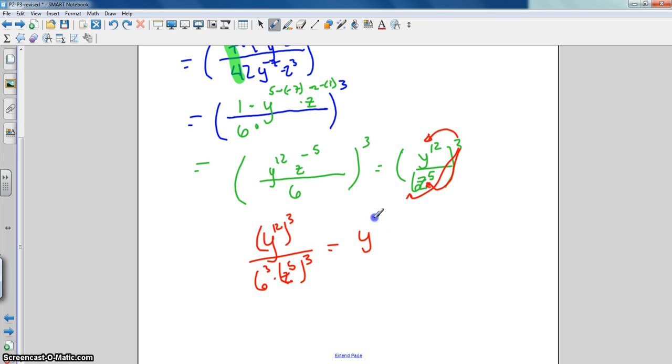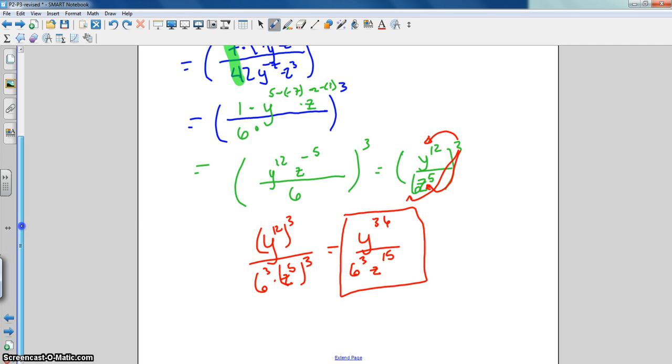And so I'll end up with y to the 36th power over, I'll leave it as 6 cubed for now, and then z to the 15 because I multiply the powers. And that's as simplified as I can get.